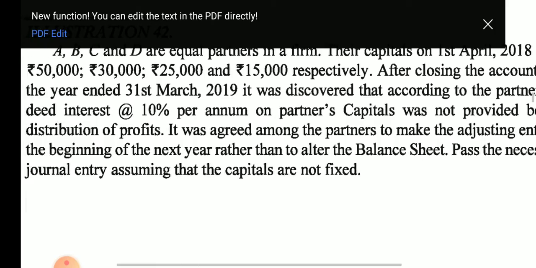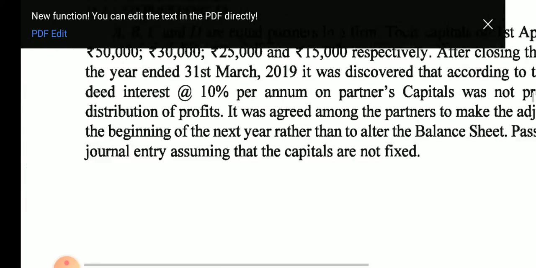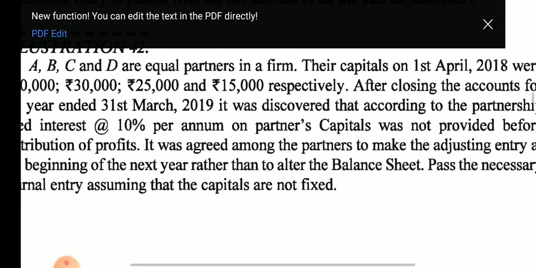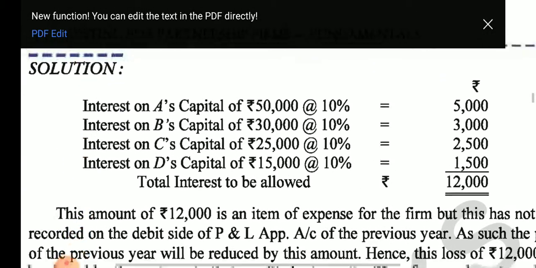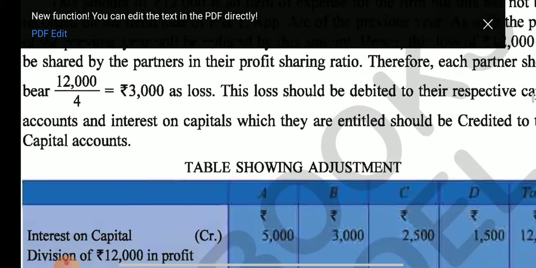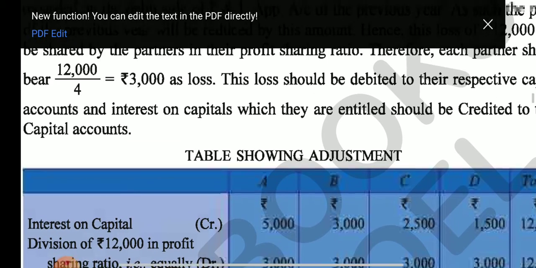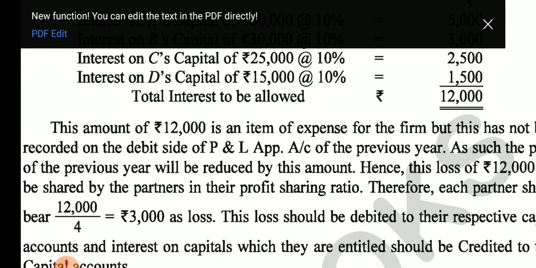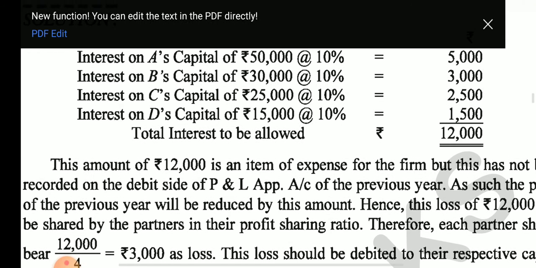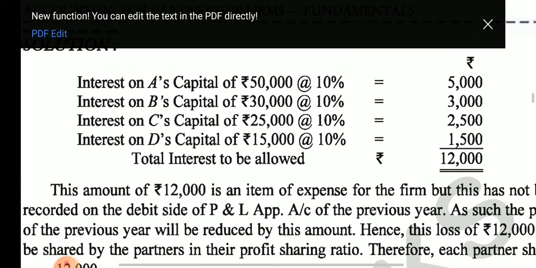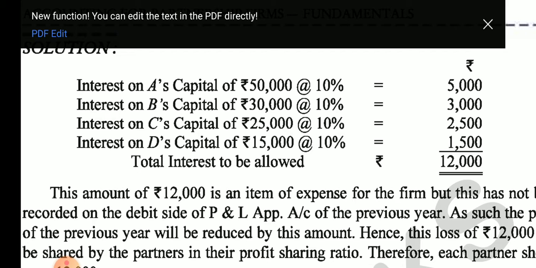Just see how to solve this. We did not charge the interest on capital and directly distributed the profit between the partners. So what is the main problem here? The main problem is the total value of interest on capital.